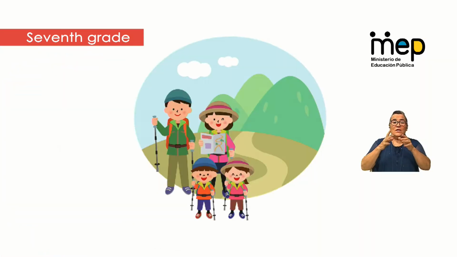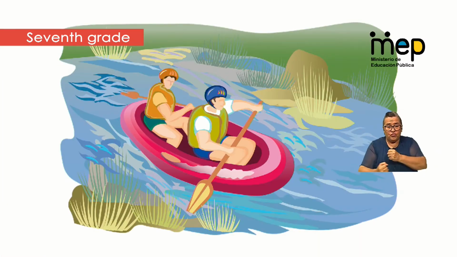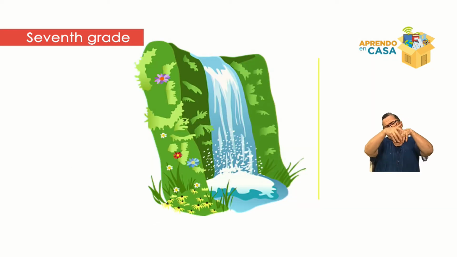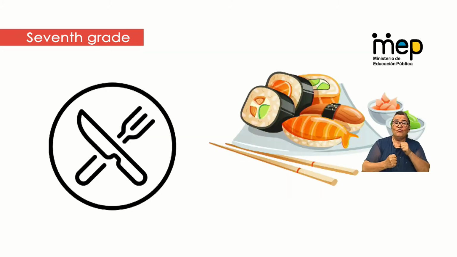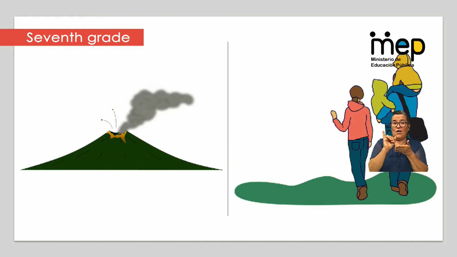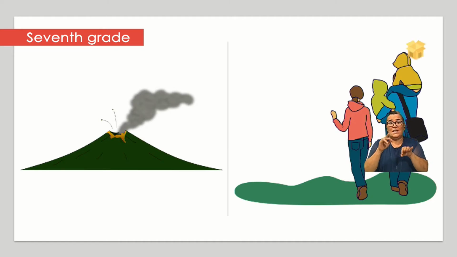On the last day of their vacation, they drove on the bumpy road to Rio Celeste, where they hiked to the beautiful blue waterfall. On their way back from the hike, they stopped at a delicious sushi restaurant in La Fortuna. Lauren and her family had a wonderful time in Arenal and want to return.